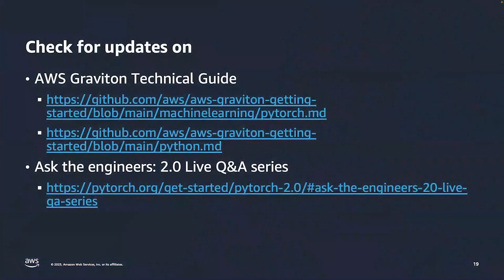If you want to check for updates, you can check out the AWS Graviton technical guide. It will share a ton of tips and tricks on frameworks outside of PyTorch as well, if you are using any other technologies. There's also an in-depth optimization page on Python, like I mentioned in the demo.